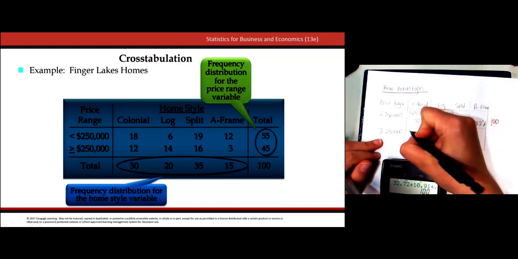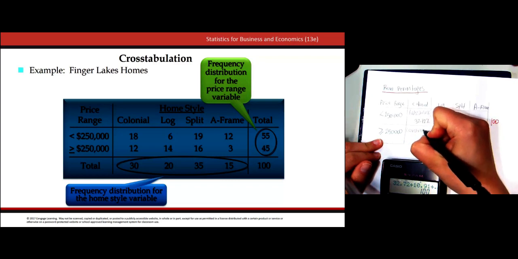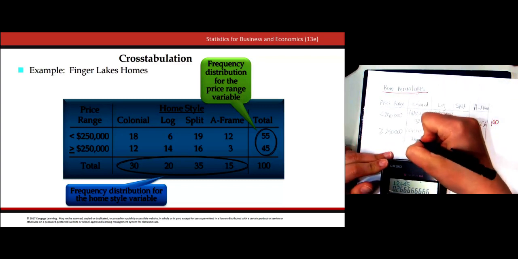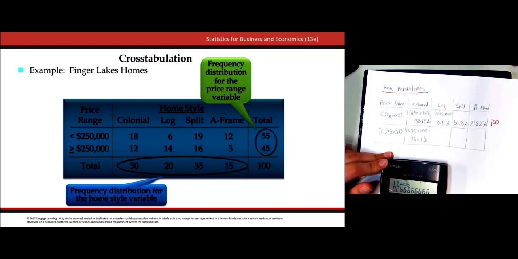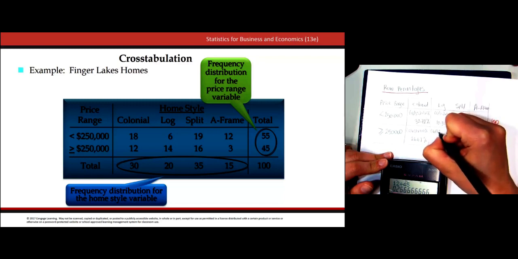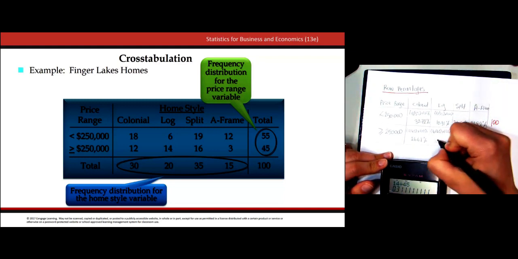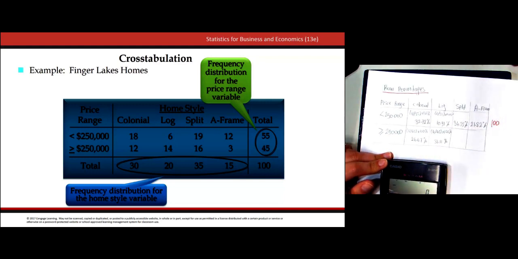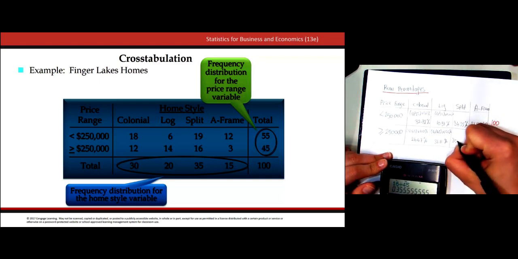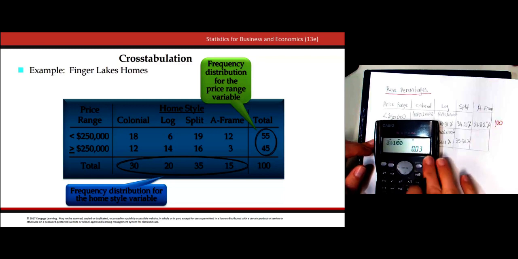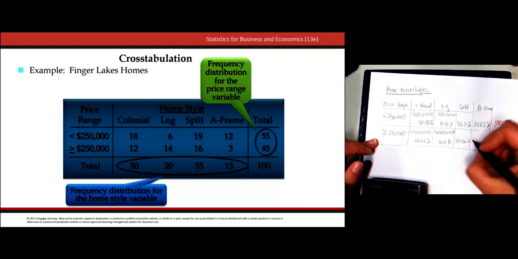So then 12 out of 45 is colonial times 100%, which is 26.67%. 14 divided by 45 times 100%, so it is 31.11%. 16 divided by 45 times 100, which is 35.56%. 3 divided by 45 times 100, 6.67%.